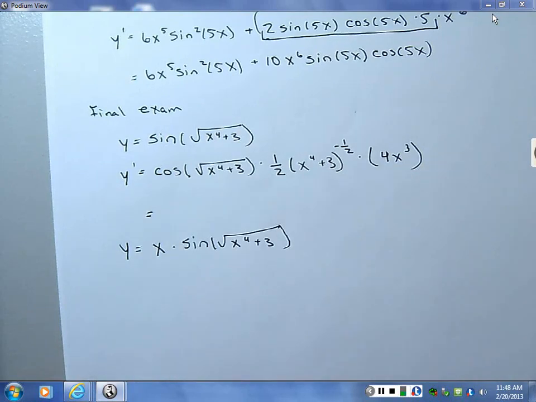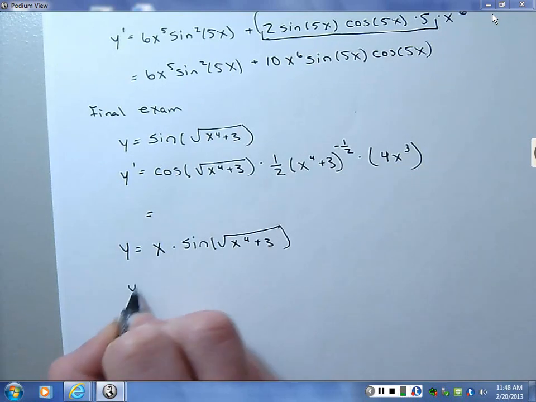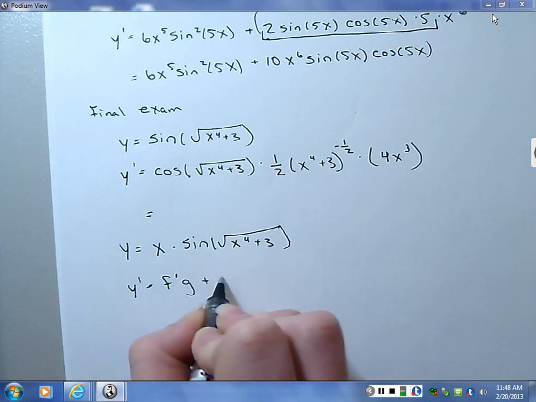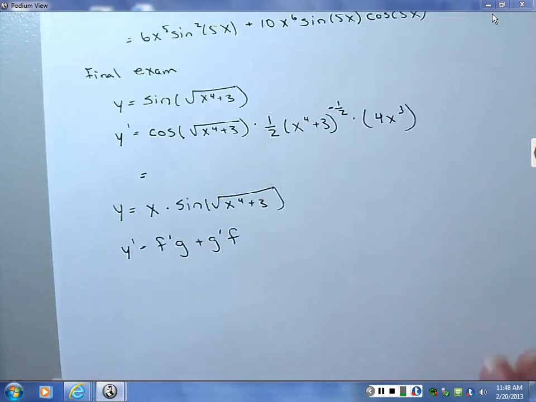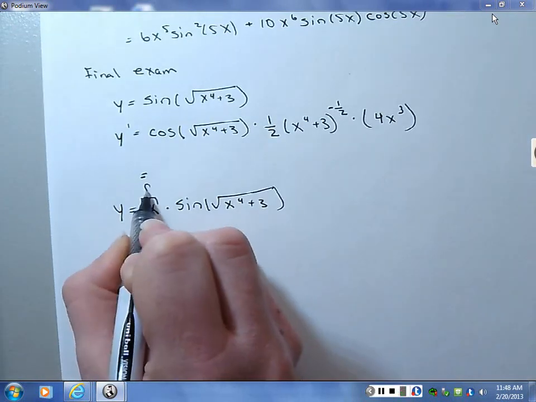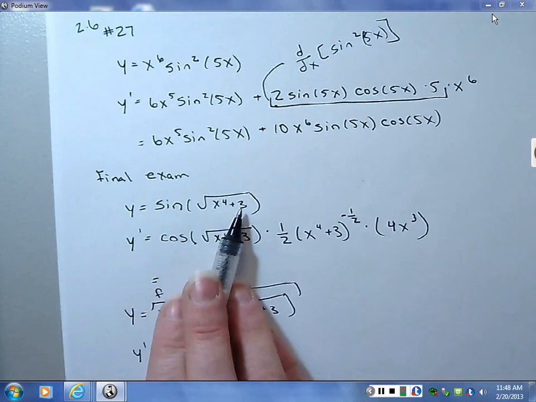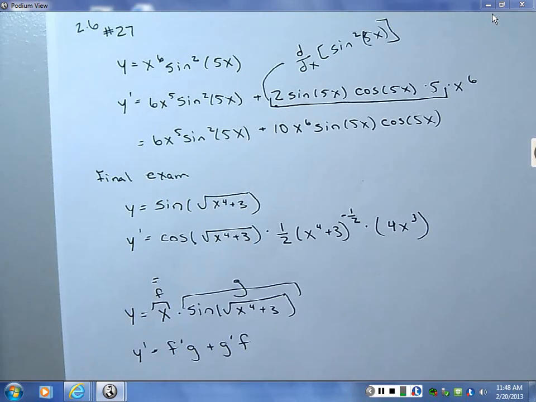Does that make sense? So this one here equals basically f prime g plus g prime f, if I call this f and I call this one g. But here I only have one function I'm dealing with. It's a function within a function within a function. So that's chain rule.